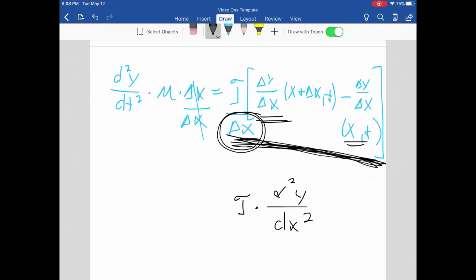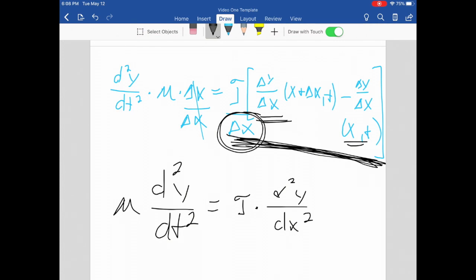Now we can return our attention to the left side of this equation, which is just equal to mu times d squared y over dt squared. From here, we could make the substitution so that we can have velocity in our wave equation, which is often how it is shown.